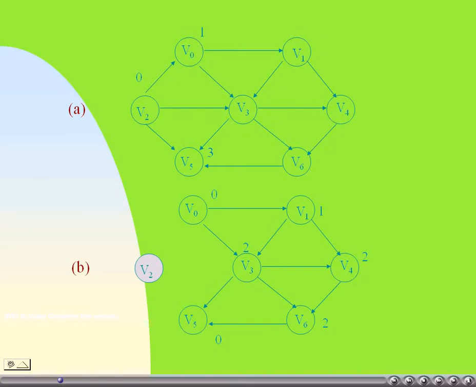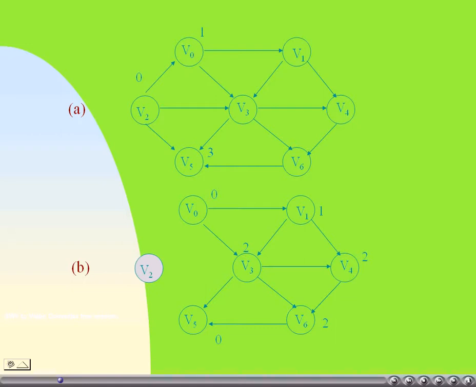The graph is as shown in the slide. We may find that the vertex V2 doesn't have any indegree; rather, no edges are ending at that node. That is, its indegree value is 0.